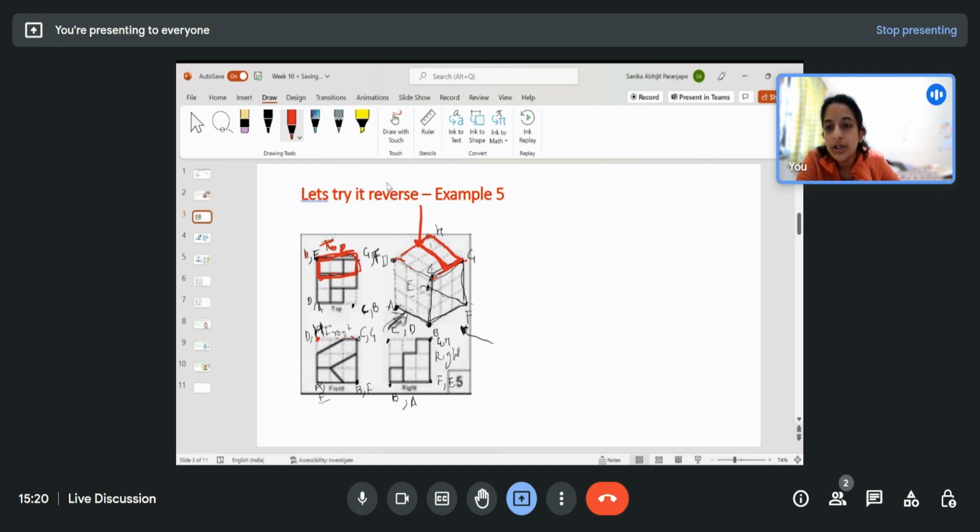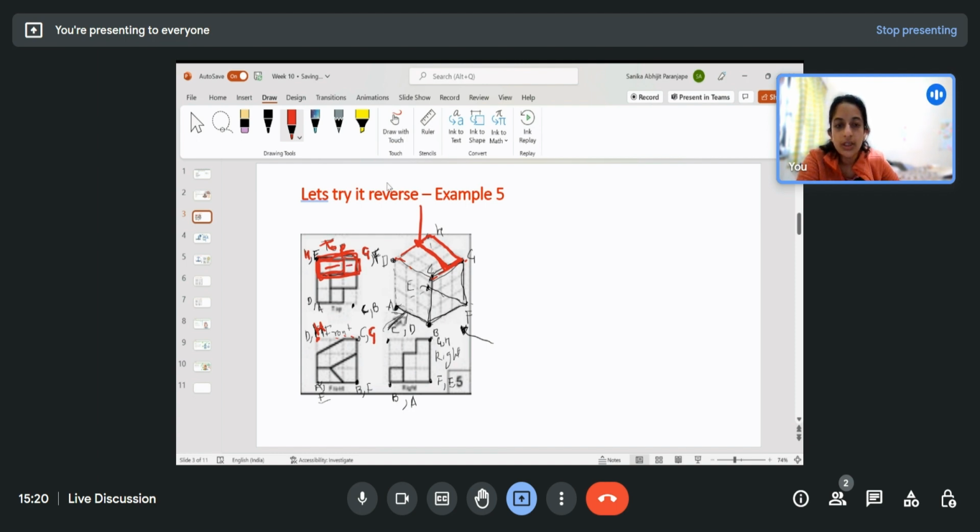I need to see point H and G. So that will be H and G in front view. So here I can see that I have a rectangle over here and a square over here. This means that there's some change in plane here and here.